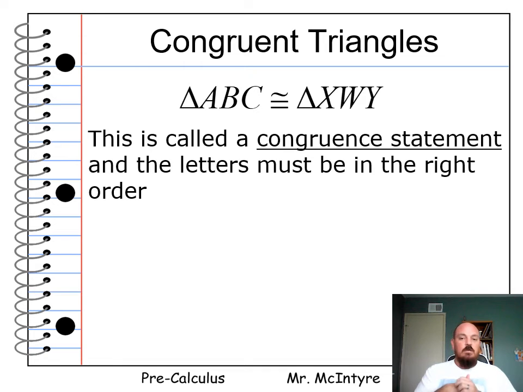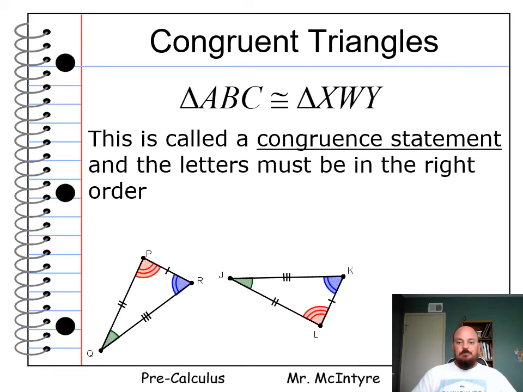That's very important. So let's go back to the example we just looked at, and let's write a congruent statement for this triangle. So when you're writing a congruent statement, the first thing you can do, I'm going to use the triangle symbol, is pick one of the triangles and call it whatever you want. So I'm going to take this first triangle, the one there on the left, and I'm going to call it triangle PQR.